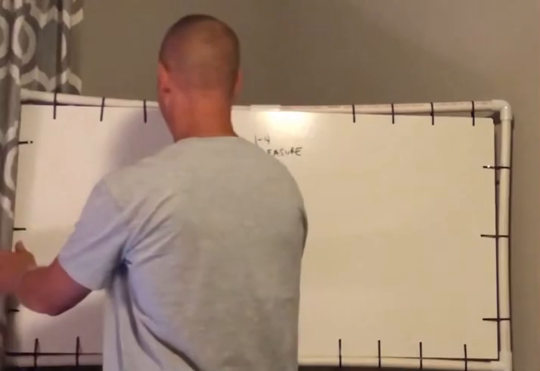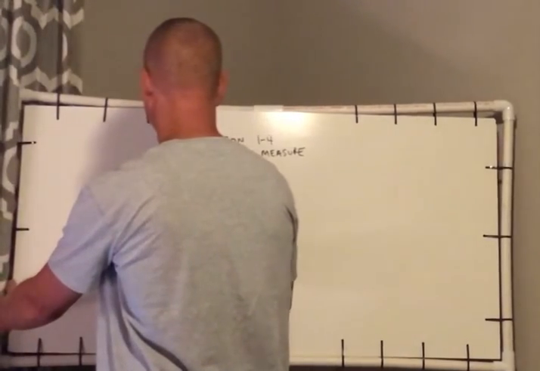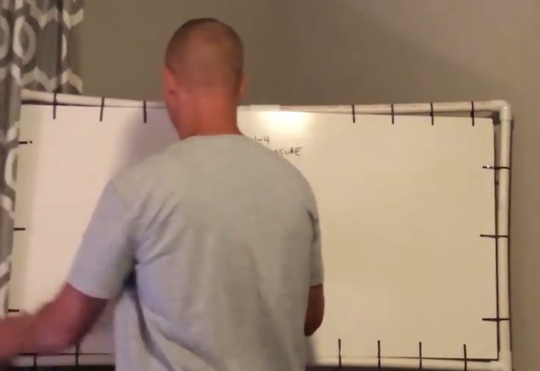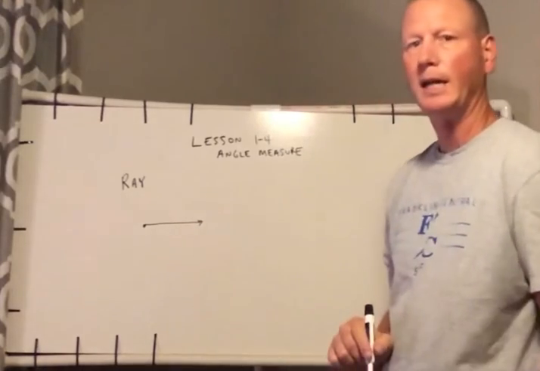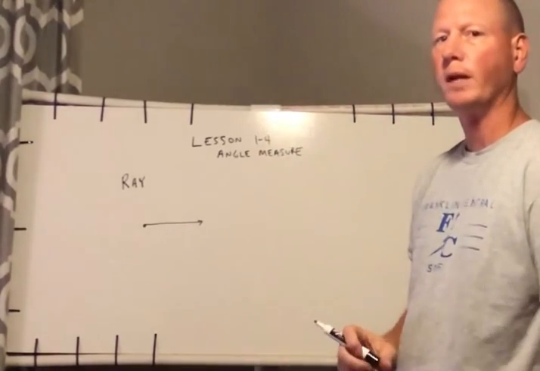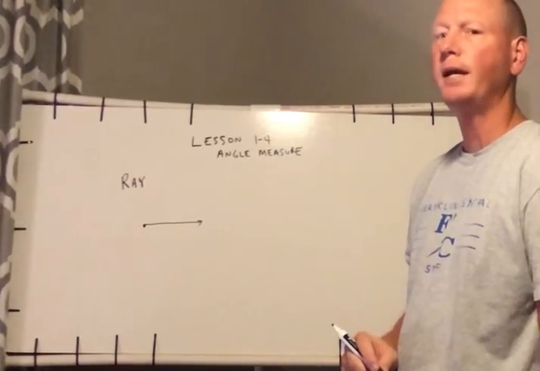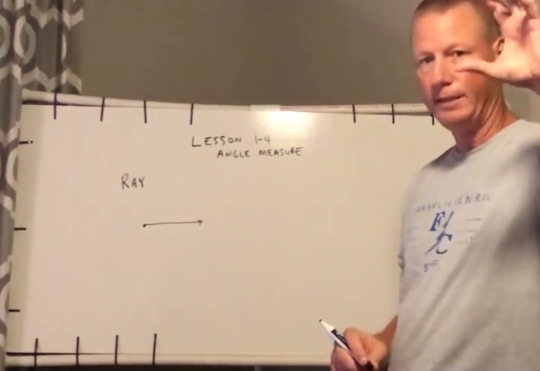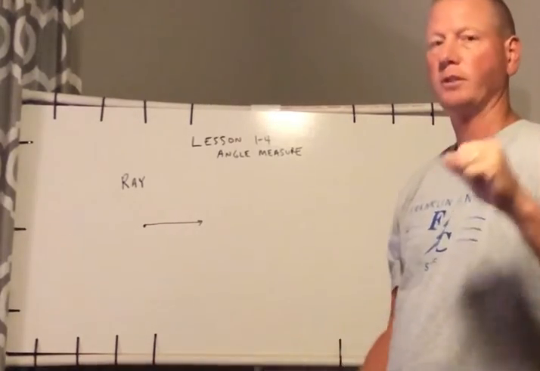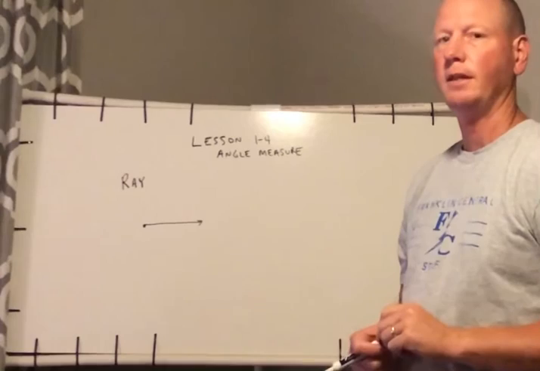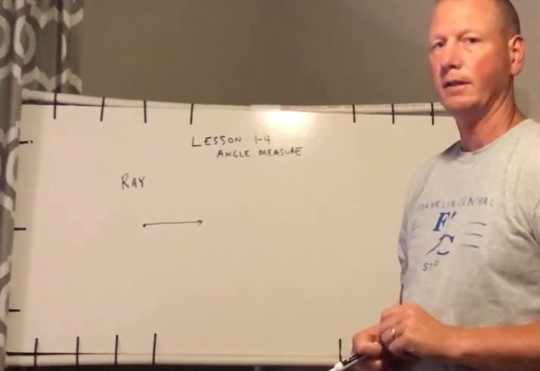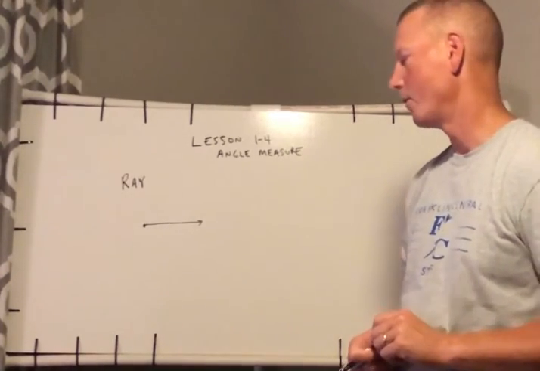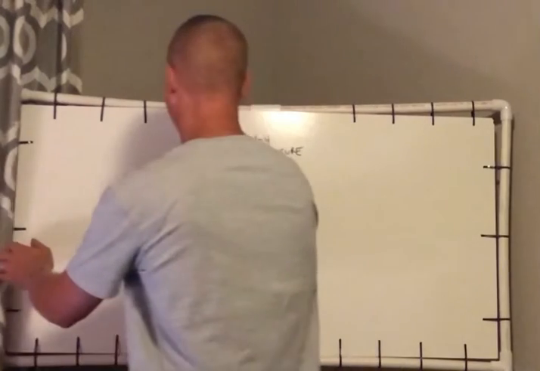So if I've got a point, it's going to be a point with a line extending in one direction. Think about a sun ray. You get the sun, the ray of light starts at the sun and it extends indefinitely a great distance. So that would be considered a ray. It's a line with an endpoint.